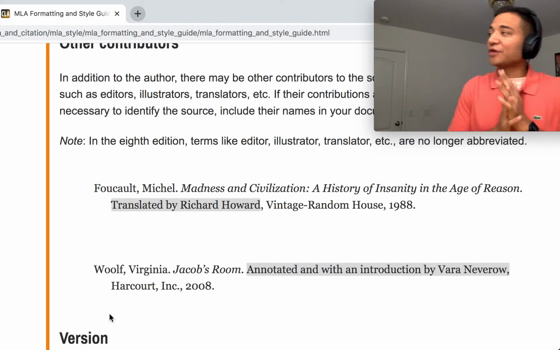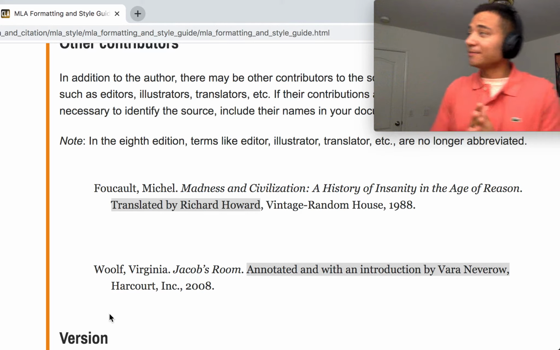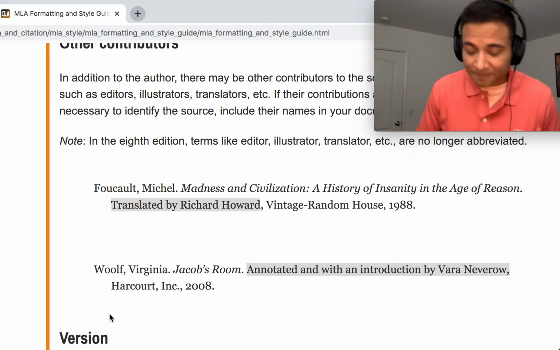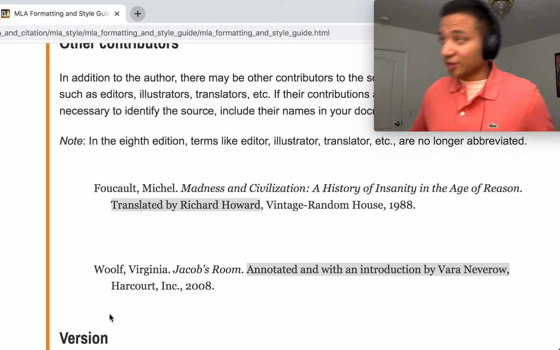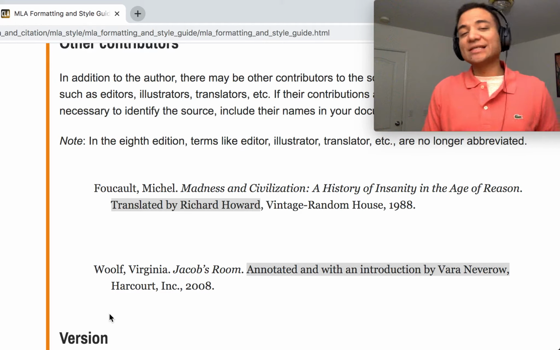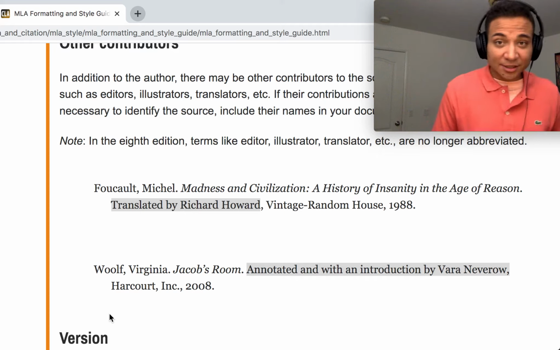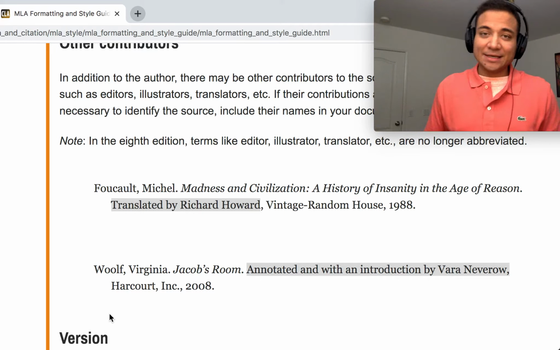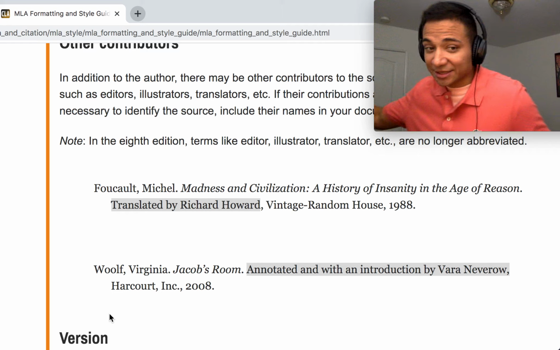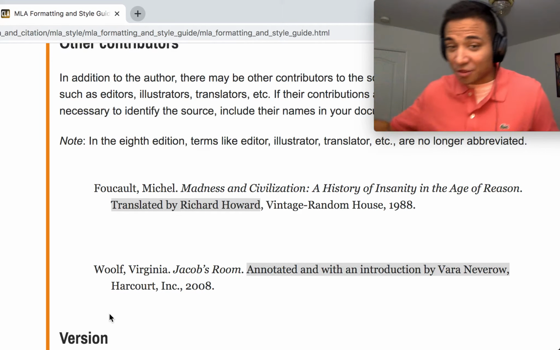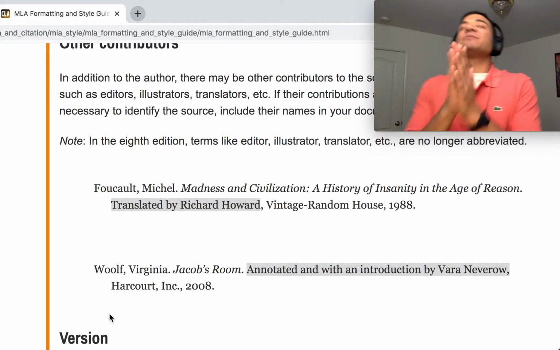Let's say your friend from Russia writes a story in Russian, and you happen to be fluent in both Russian and English, and you translate it from Russian into English, and then they publish it. So you are considered the translator, right? That's considered an other contributor. Please pay attention to this.